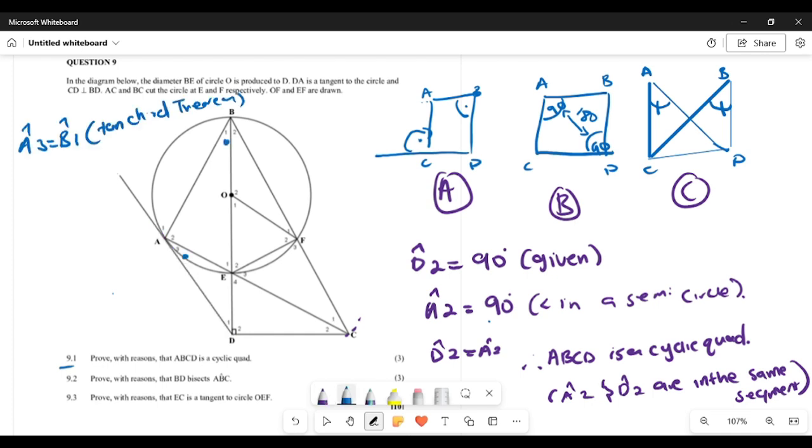But remember, we have just proved that ABCD is a cyclic quadrilateral, right? Meaning that we can assume that we have a circle around this. So let me just try and draw a circle. We can assume that we have a circle here. All circle theorems would be applicable.